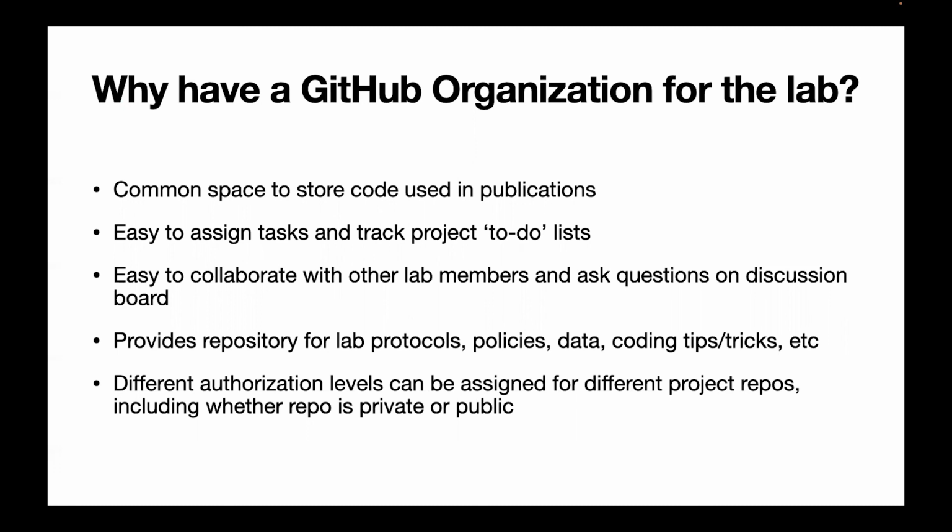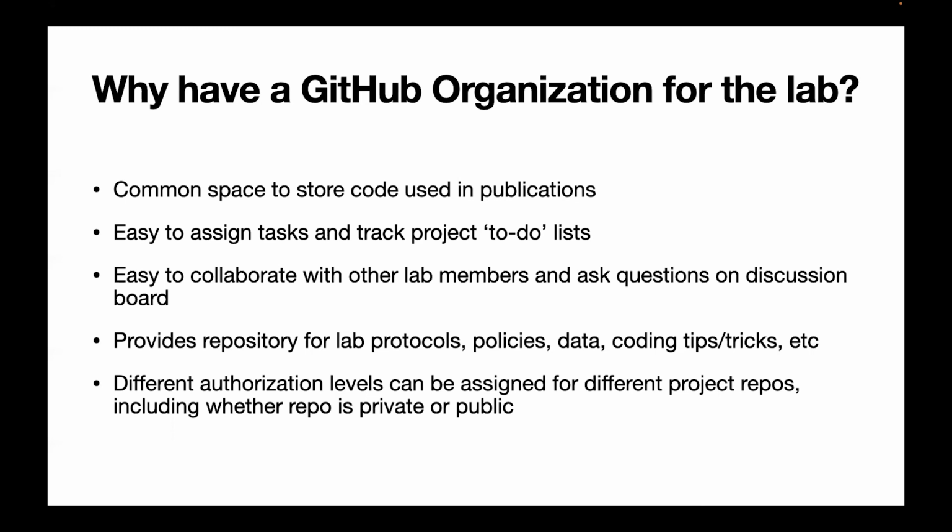If people are working on a similar project together, there are different kinds of project task boards where you can track different topics you want to address. It's basically a to-do list: something that has yet to be done, something that's in progress, something that's completed.